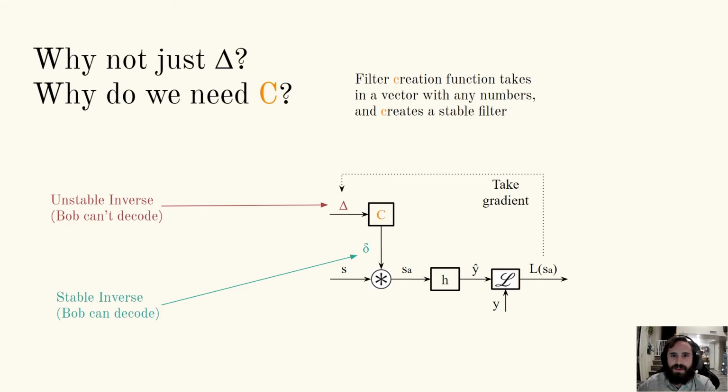Why can't we just get away with using the seed vector as our filter? Well, the seed vector, during the process of gradient ascent, may end up having some very interesting values in it such that you don't get a stably invertible filter. That's why the filter creation function will convert the seed vector into a filter that has a stable inverse.